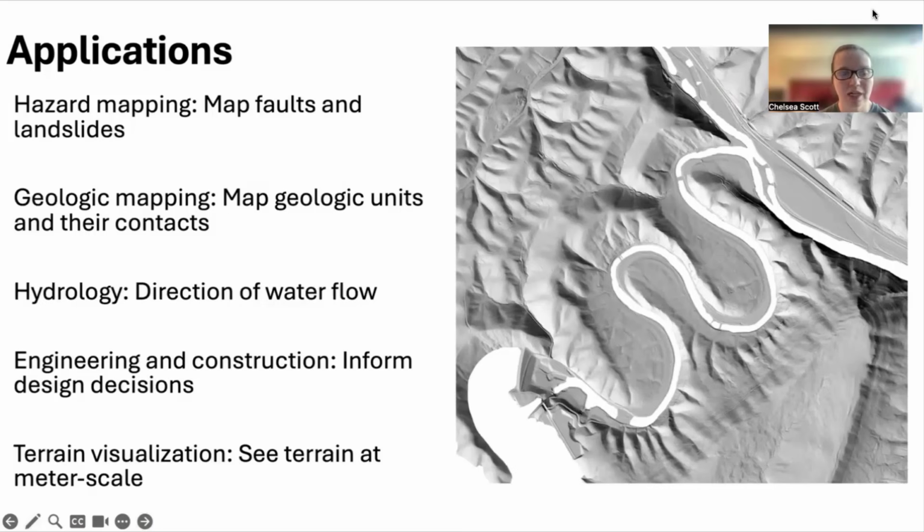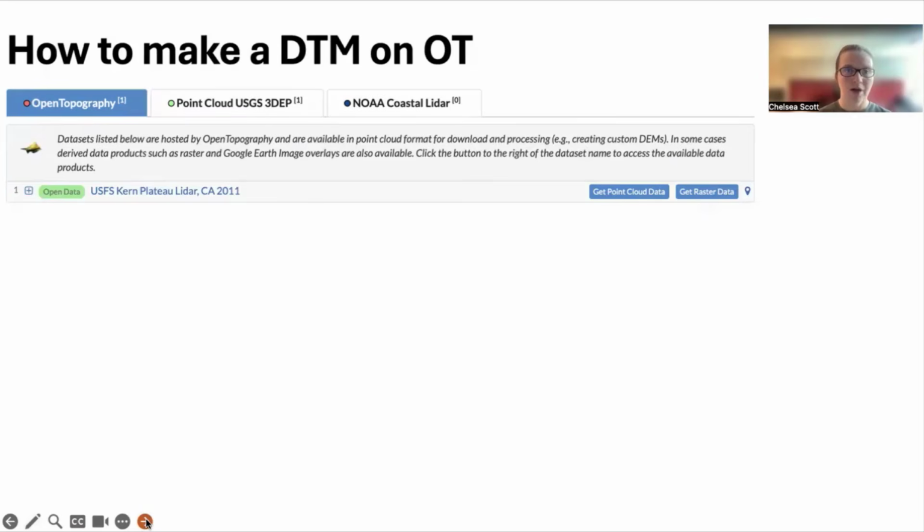They are commonly used in engineering and construction, and specifically in informing design decisions. And just more broadly, they're very useful for visualizing what the bare earth or underlying terrain looks like with the vegetation removed.